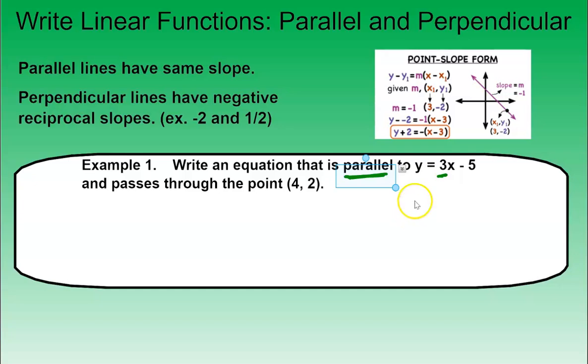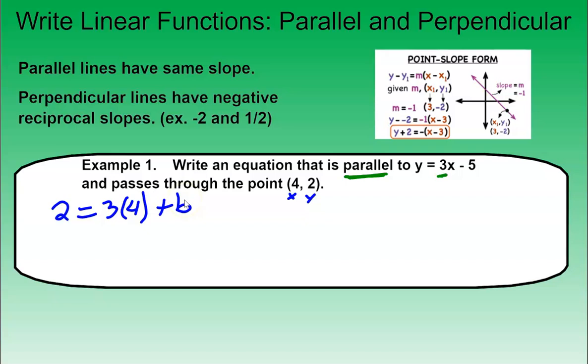So I'm going to use the slope of 3, and then here's my x and here's my y that I'm going to plug in there so I can find my b. The first thing I'm going to do is put my y in there, which is 2, equals my slope of 3 times my x. My x is 4, and I'm going to find my b.